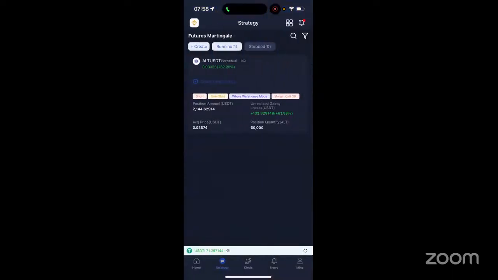But is this bad money? I'm asking. I have invested $214 and I'm making 138. Is this bad money? Even if I go with this, I'm not taking it.